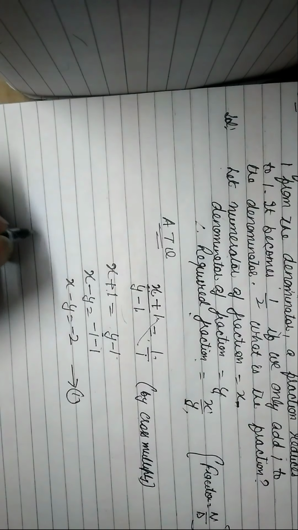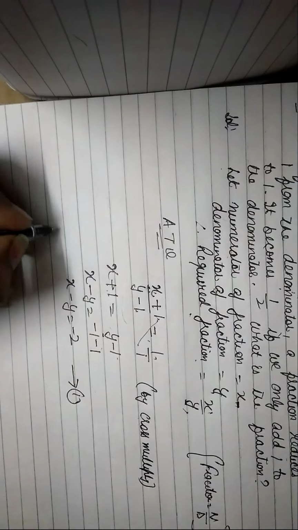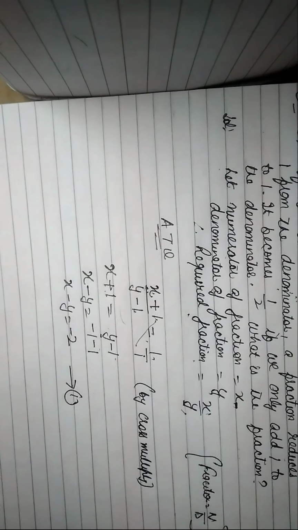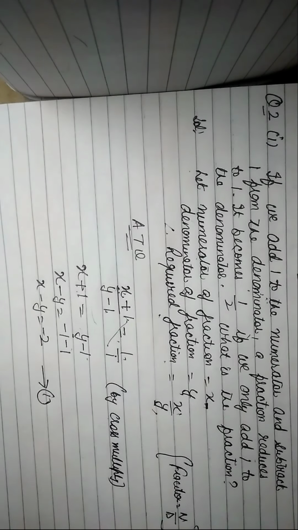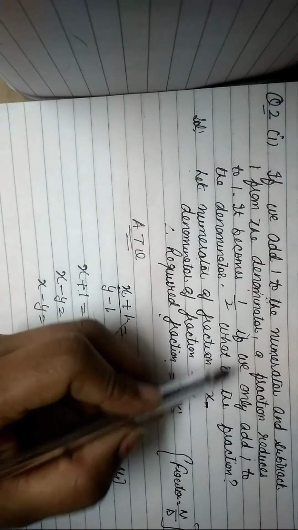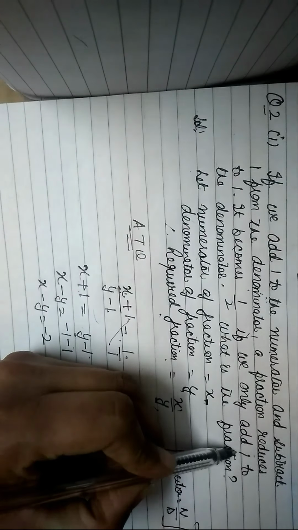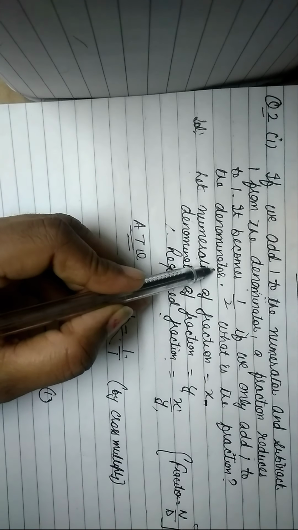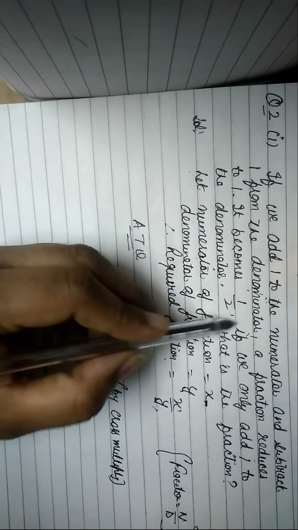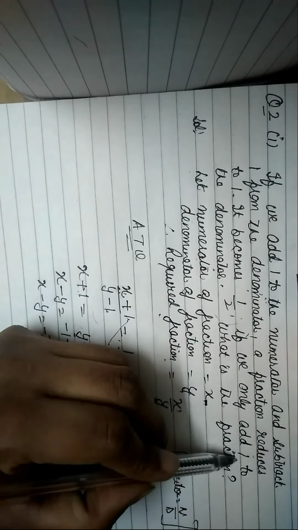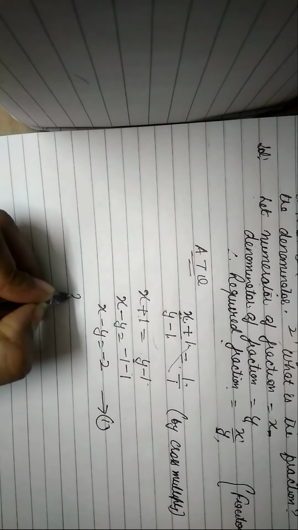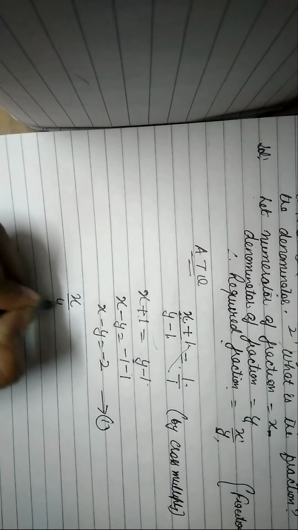Now according to the second condition, if we only add 1 to the denominator, the fraction becomes 1 by 2. The fraction is x upon y.